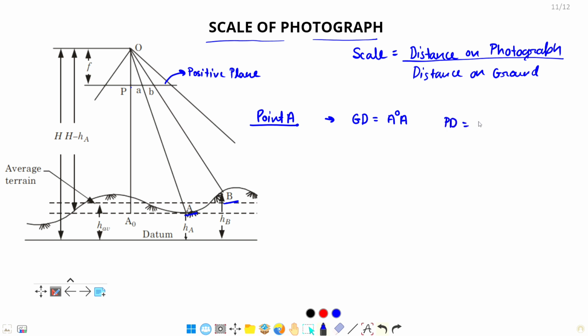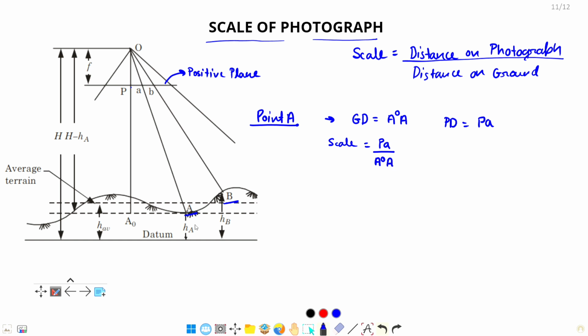So the photograph distance is PA. So scale will be distance on photograph upon distance on ground, that is PA upon A not A.